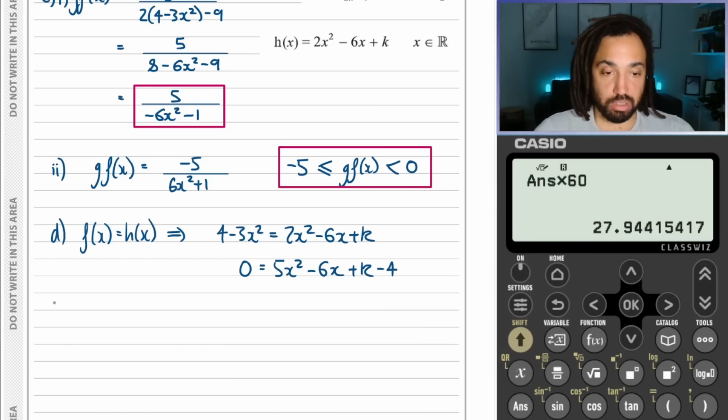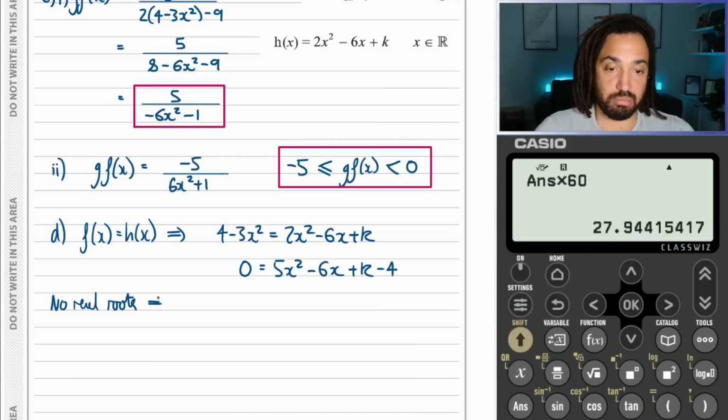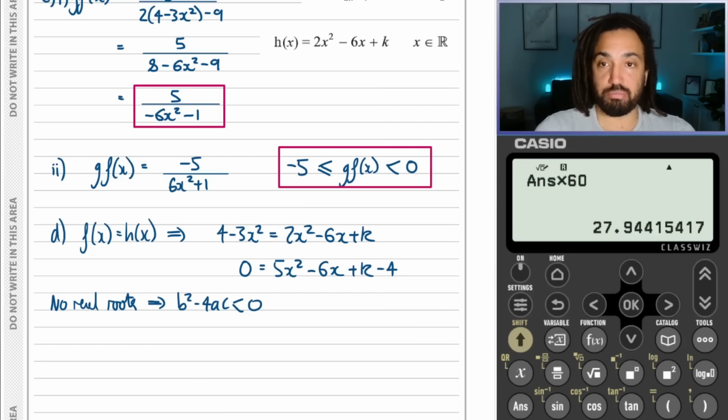So now if we want no real roots, then this means that b squared minus 4ac needs to be less than 0. So the b term is the coefficient of the x.